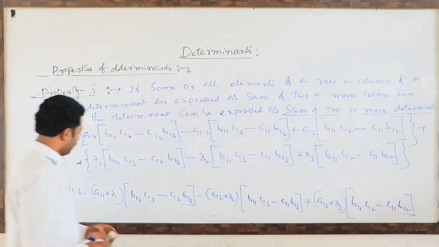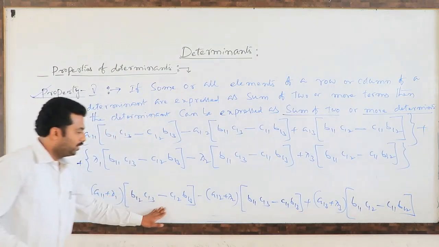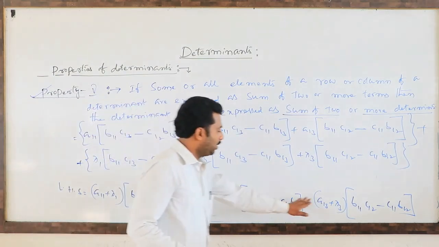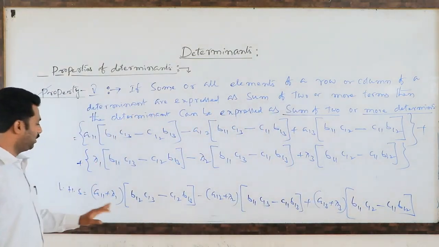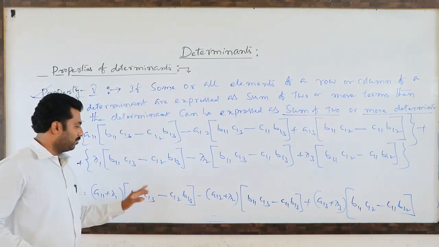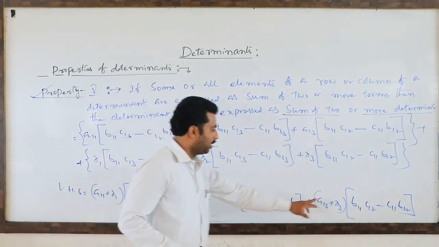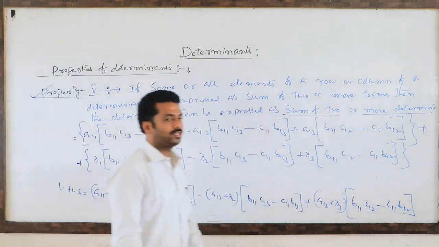Clear? See here, A11 into this term minus A12 into this term plus A13 into this term means first one. Second terms, lambda 1 into this term minus lambda 2 into this term plus lambda 3 into this term.